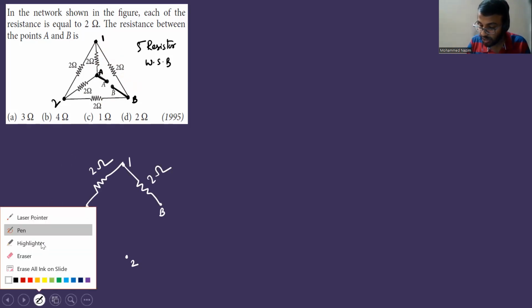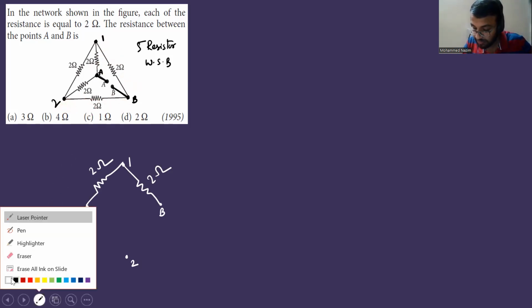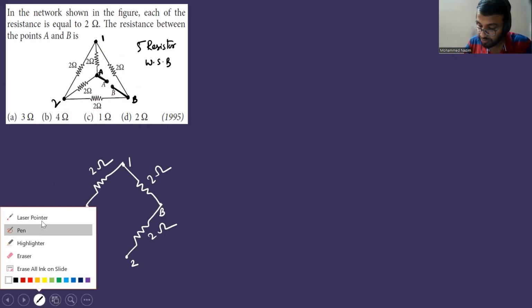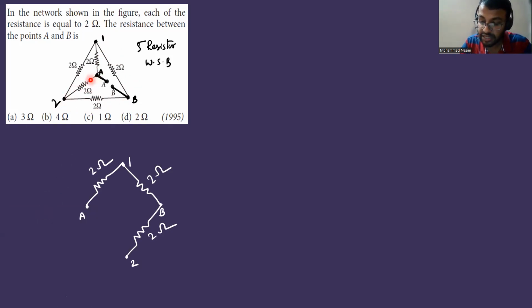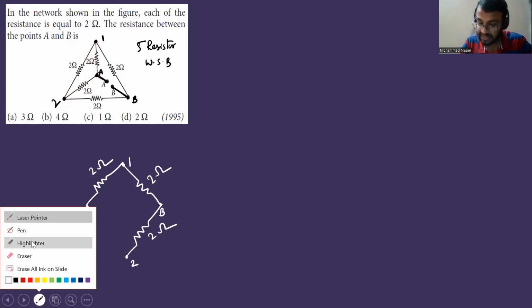Next, between 2 and B, there's a 2 ohm resistor. So connect that. Then next, between A and 2, there is another 2 ohm, and between 1 and 2 also, there is a 2 ohm resistor. So just mark all the points and connect the resistors in that manner. So I've connected all the resistances.